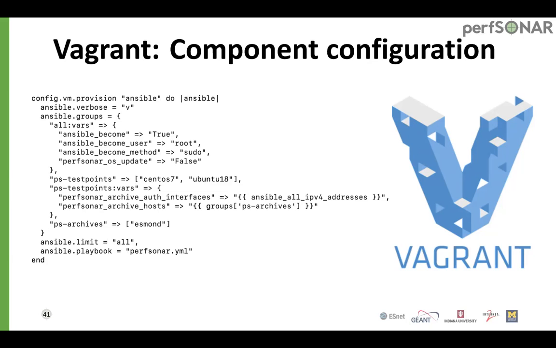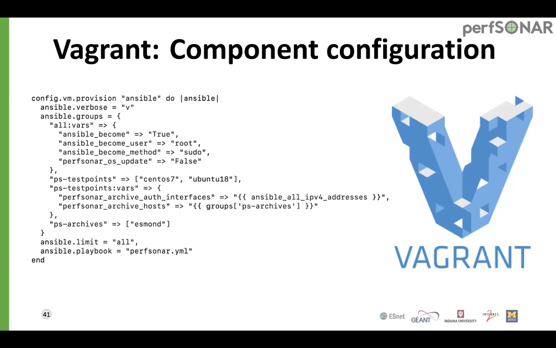Inside there, we're saying the archive auth interfaces, so all the interfaces we want to have write access, consist of all the IPv4 addresses on that particular machine. And you'd like to delegate that write access to a group called PS Archives. Beneath that, PS Archives is the Esmond host. So this is a very simple config that overrides the generic config with these options. We're going to see how this plays out in a few minutes.